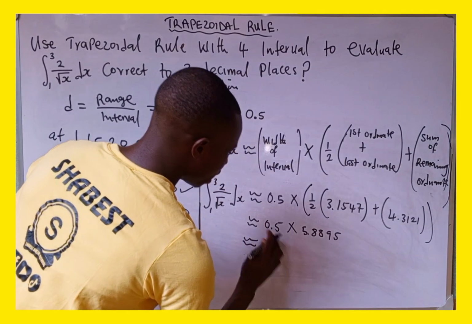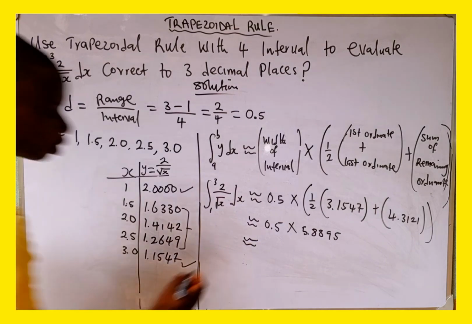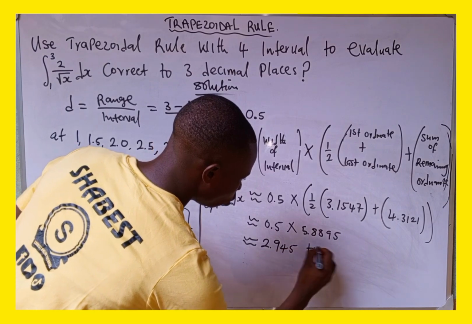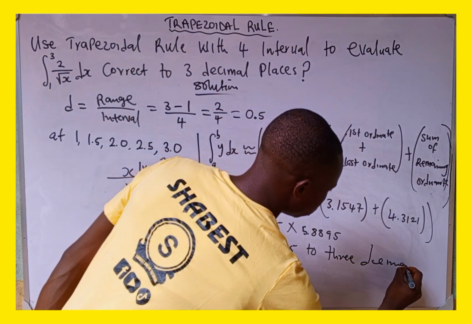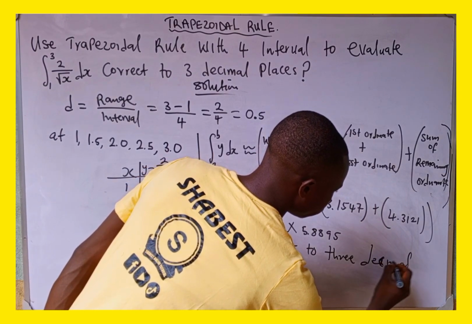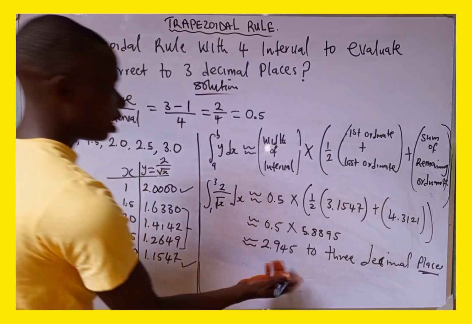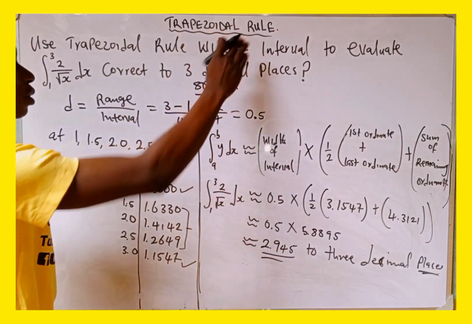Now we multiply 0.5 by 5.8895, and we have 2.945. That is 2.945 to 3 decimal places. So this is the final answer, the evaluation of this integral using the trapezoidal rule.